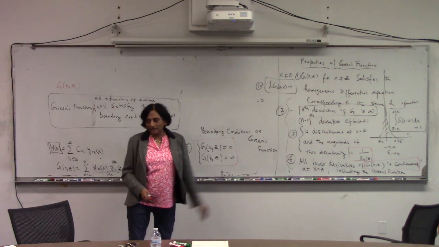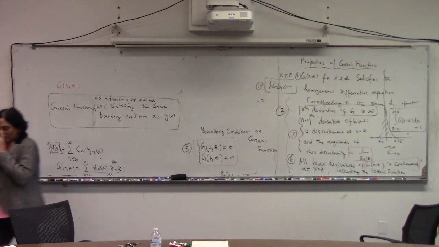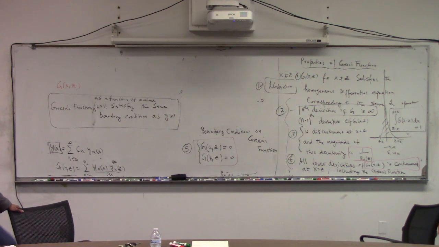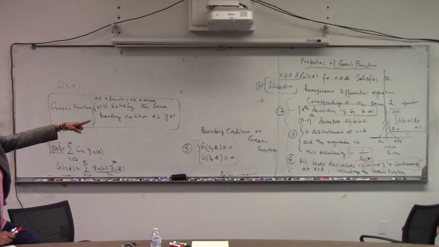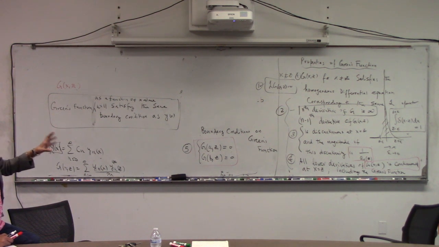I can rewrite it if you want. The first step is that it satisfies a homogeneous differential equation, L G of x, z is 0. So we will predict the functional form of Green's function by solving the homogeneous differential equation.